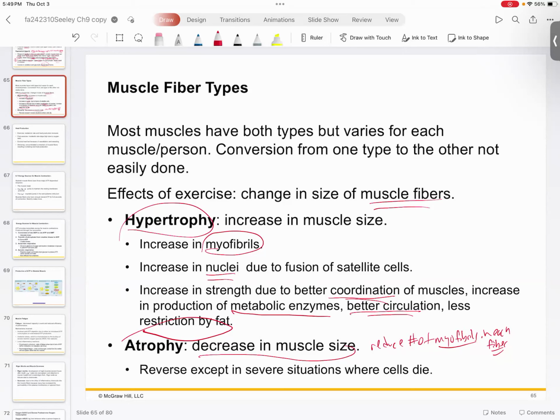Now, there's also a type of atrophy that's age-related, where you have a reduction in myofibrils as you age, because it's harder to maintain myofibrils as you get older.